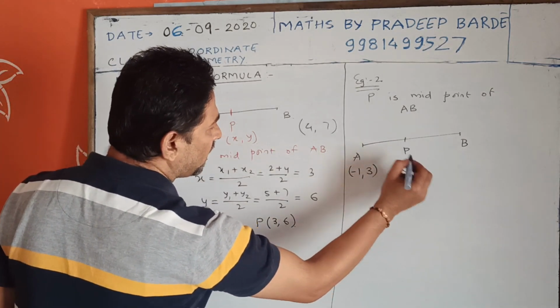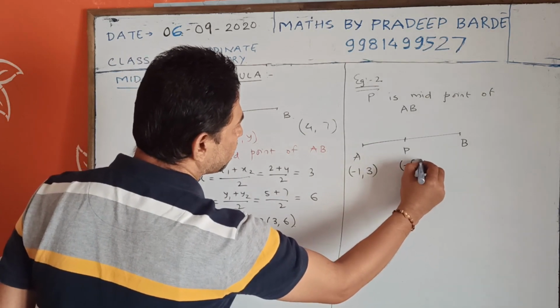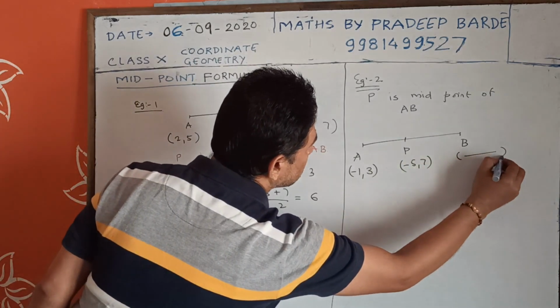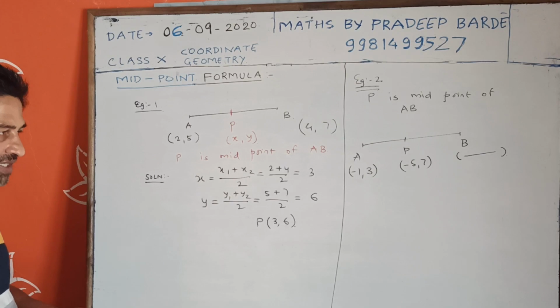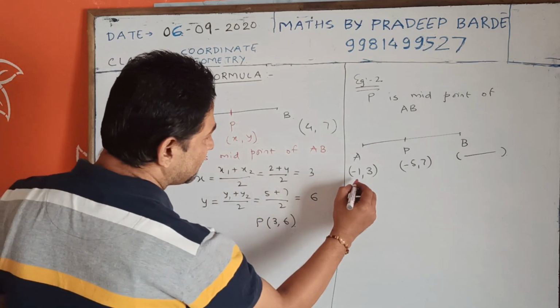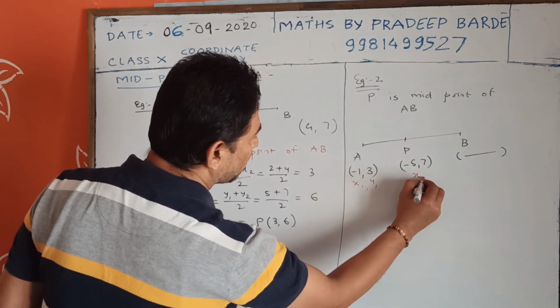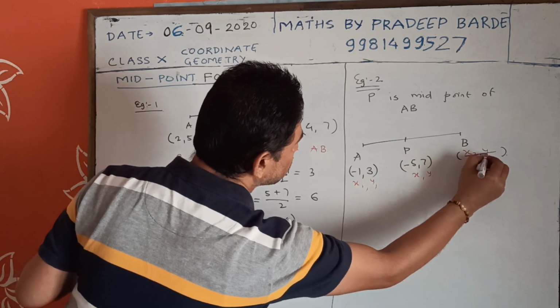Coordinates of P are given to you as -5, 7. You have to find out the coordinates of the point B. So as we have discussed right now, this is your x1, y1, this is your x, y, and we have to find out x2, y2.